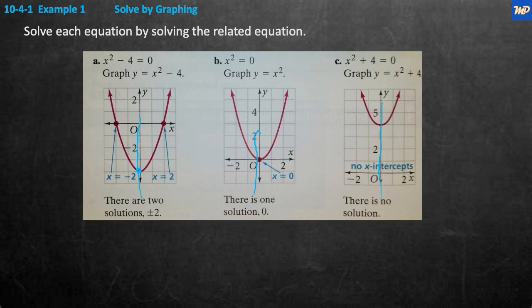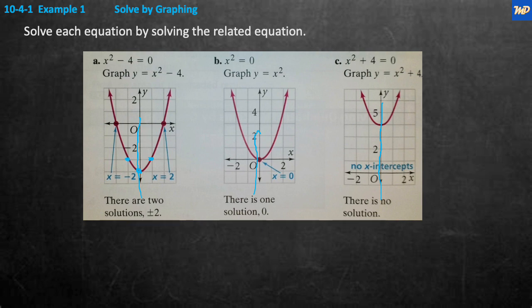And that's our vertex, (0, -4). Now let's set x equal to 1. We get 1 squared, which is 1, minus 4 is minus 3. So here we are at minus 3, and we can go on the other side of the line because they're symmetrical and get that one.